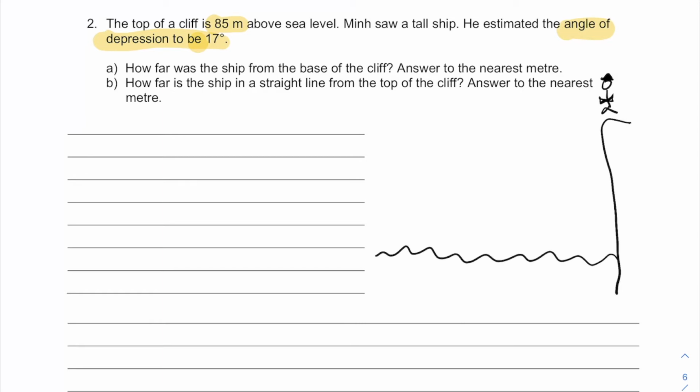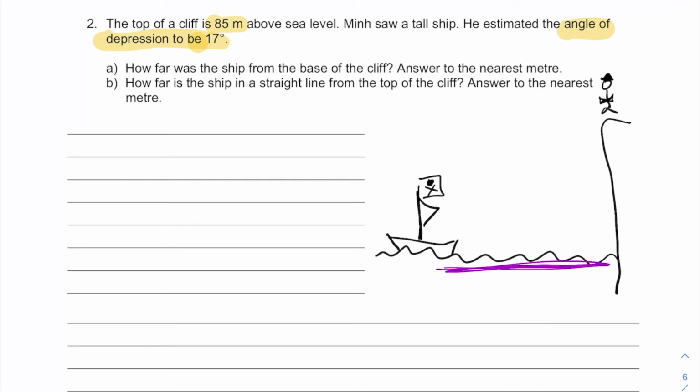Poorly drawn water for the sea, and then the ship. Alright, so there's our ship. I'm going to give the skull and crossbones. Let's make it a pirate ship just for a bit of fun. So there's our ship. We're looking, first and foremost, for this distance.